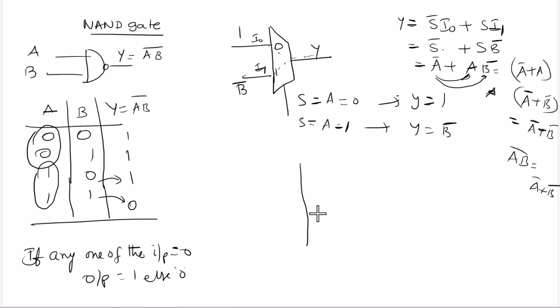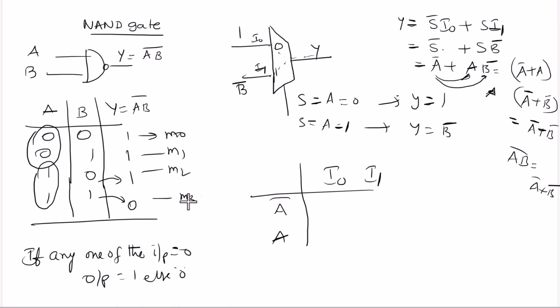Now another way to satisfy this NAND gate is to write this as I0 and I1, and the selection line we have taken here is A, so it is A bar and A, and the min terms M0, M1, M2, M3. M0 is 1, M1 is 1, M2 is 1.